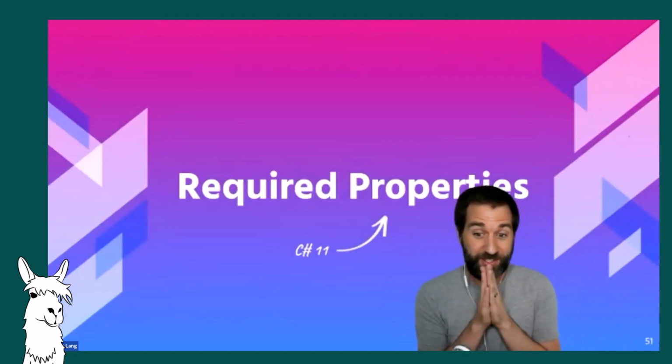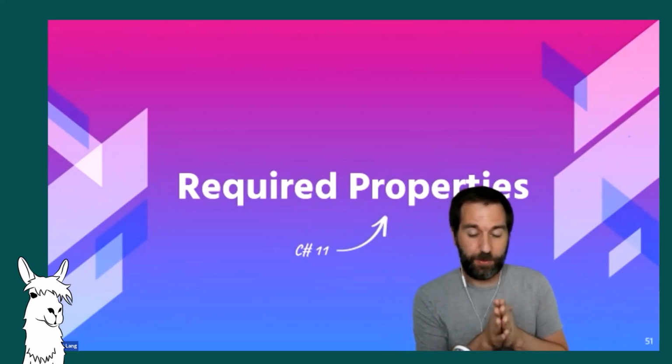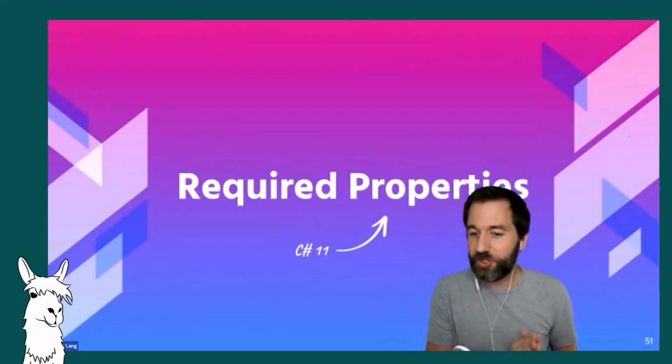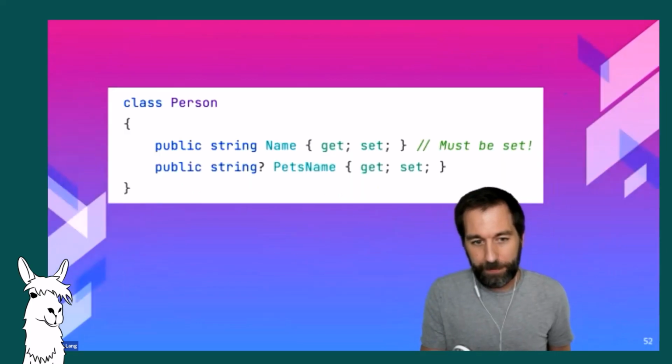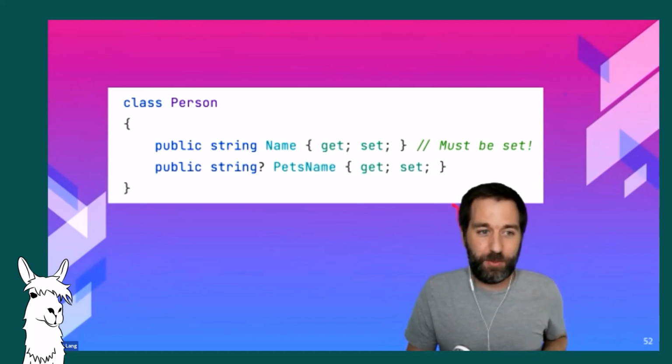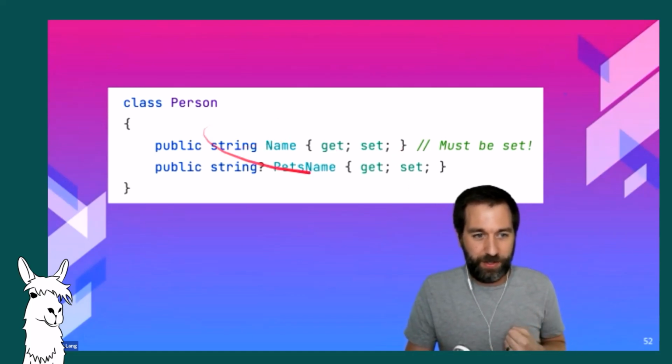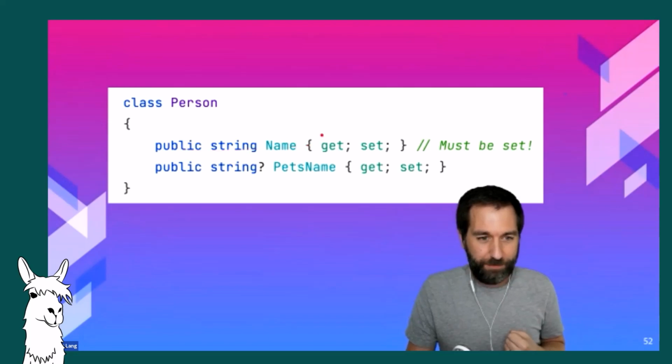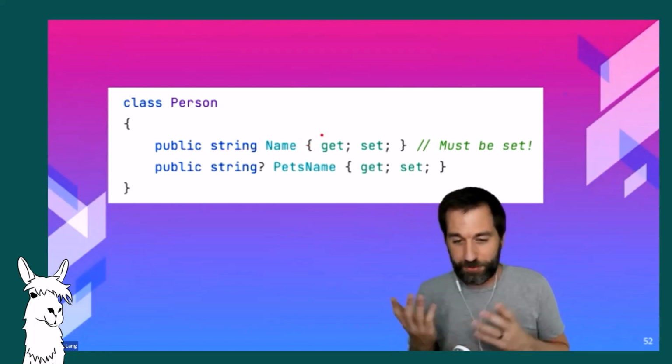Required properties. So this is something that's coming in C#11. It was originally aimed at C#10, but just didn't quite make it. And to explain what required property solves, I kind of need an example. So here's a simple class with a property called name.